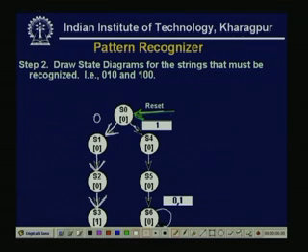Now, if 1 comes, then obviously it will be a different state, because from the initial state, if 0 comes, it will go to one state. Then again some 1 has come. If it is a 1 0, it can be 1 0 0 or 1 0 1. So, different types of state transitions will occur.